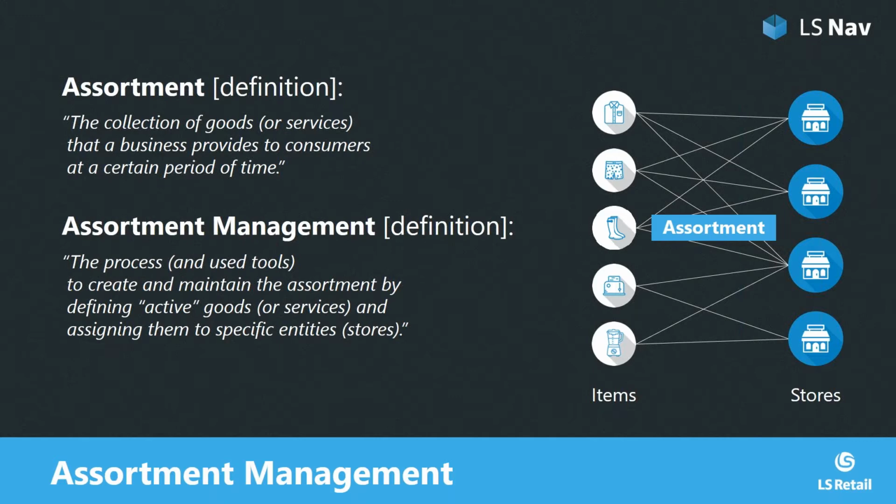And assortment management is the process and the used tools to create and maintain the assortment by defining active goods and assigning them to specific entities, which are the stores in our case. Assortment management is part of the replenishment suite, which is fully integrated in LS Nav.